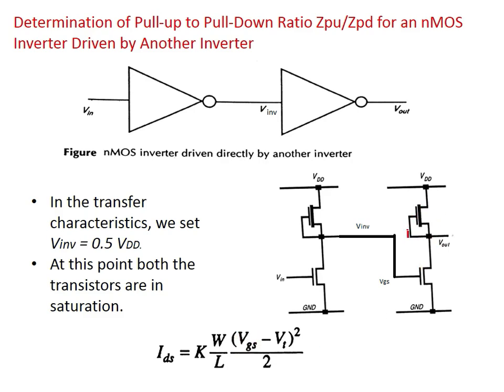Why? Because gate and source are shorted, VGS is equal to 0. Then 0 minus VT, where VT is the threshold voltage. The threshold voltage of this depletion mode MOSFET is replaced by VTD. So 0 minus VTD whole square divided by 2.